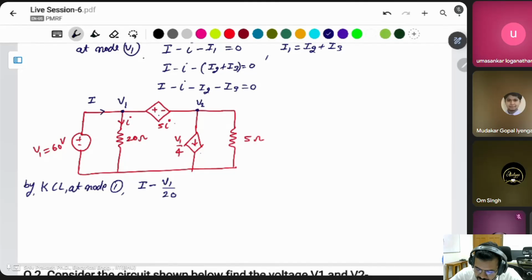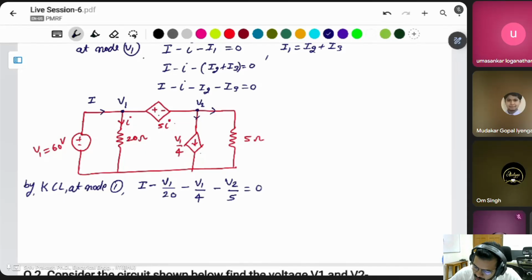After this, simply add these two currents. The same current is divided into two parts. This current is V1 by 4, and this current is minus of V2 by 5, equal to 0. This is the KCL at node 1 in the super node configuration.